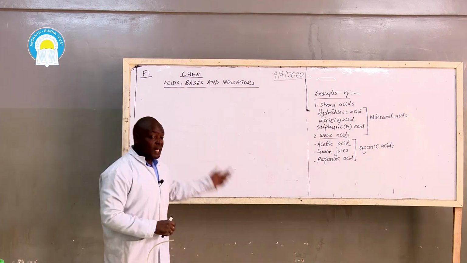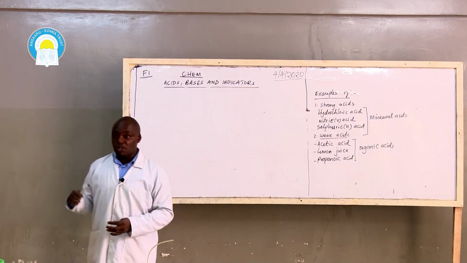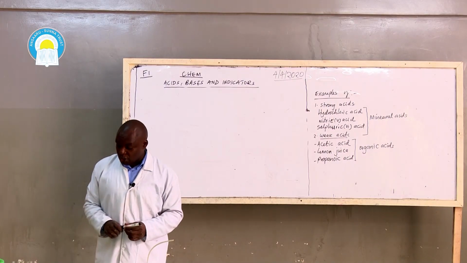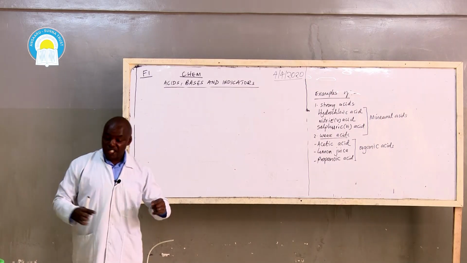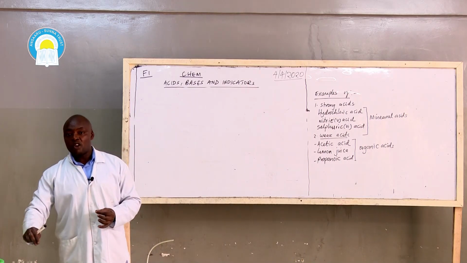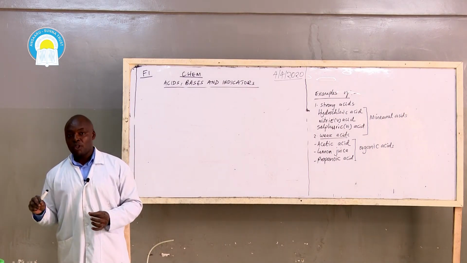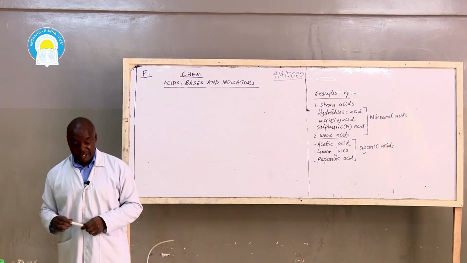We have seen the various colors they show in solutions of acids, solutions of bases, and also in neutral solutions. We have seen that the disadvantage with the flower extracts is they can only be used when they are fresh. When they stay for some time, they will give inconsistent results.